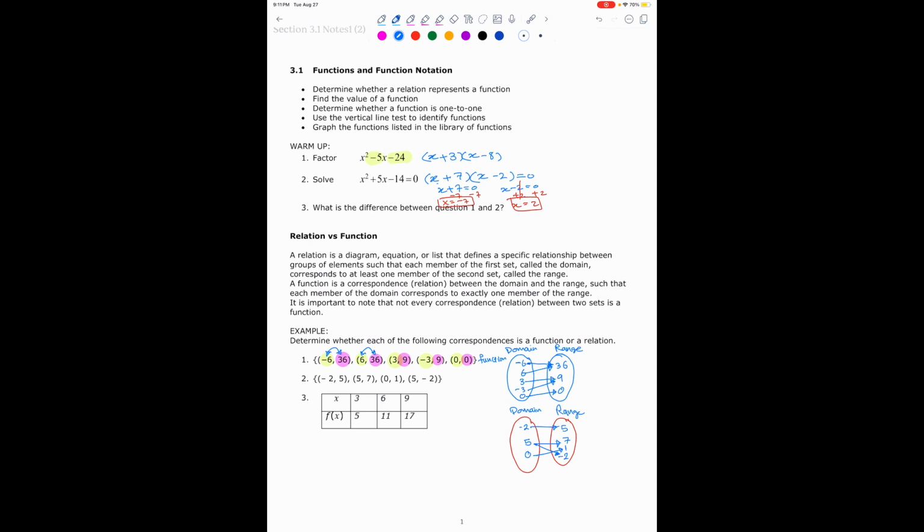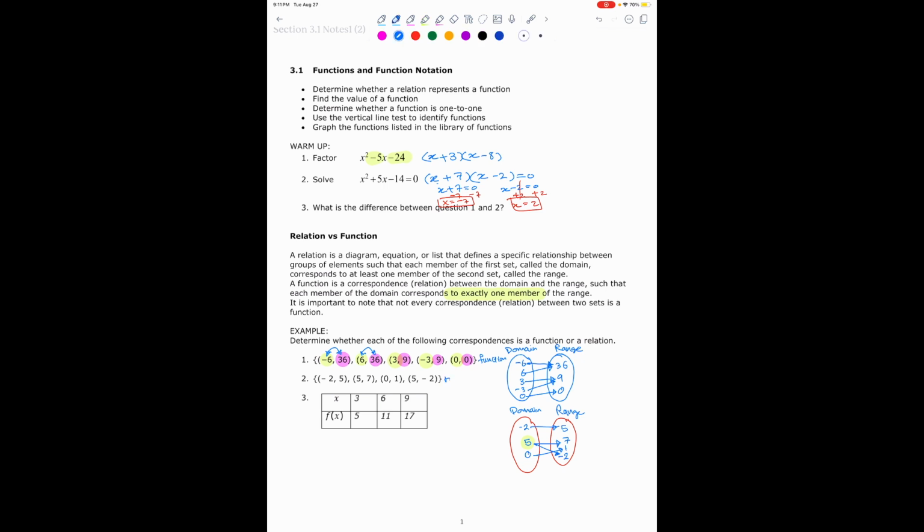You see exactly what we mean by that. There is a member in the domain where it is not mapped to only one member of the range. 5 is mapped to 2 members, and that breaks this rule for the function, which makes the second correspondence a relation and it's not a function.